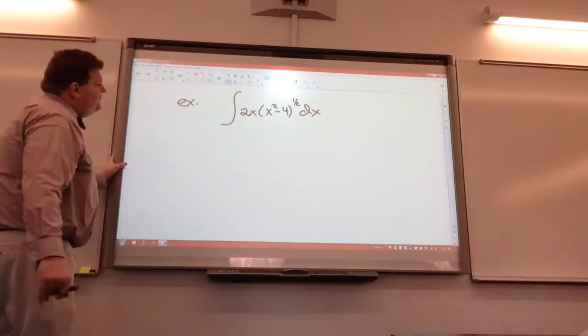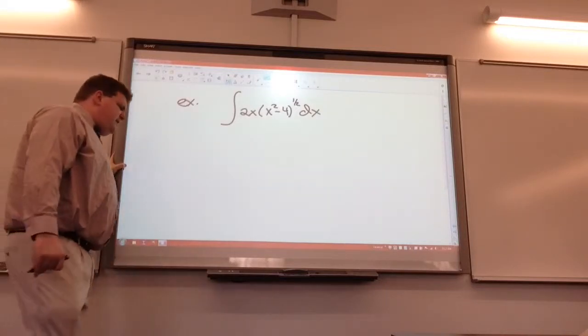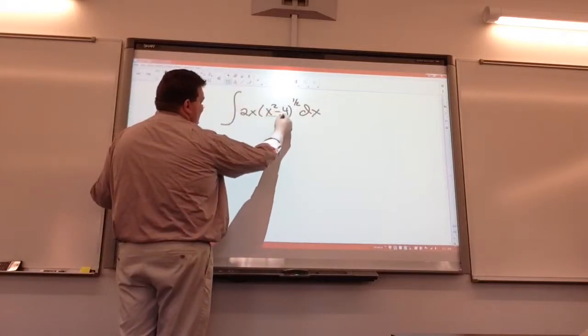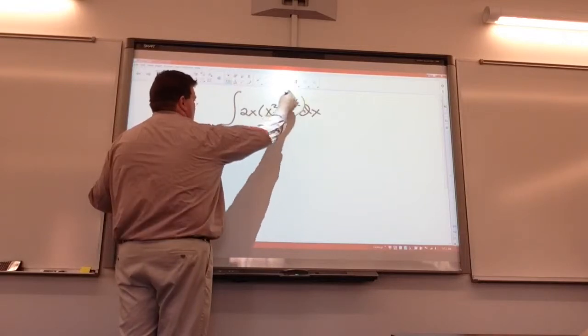What I need to do first is figure out what I want to make u. It's x squared minus 4 that u should be. A quick way to identify what you're going to pick as u is generally the thing with the highest exponent and/or the thing that's inside parentheses.